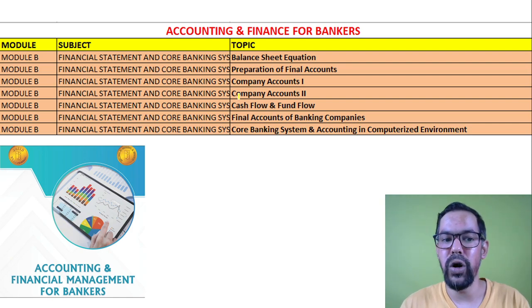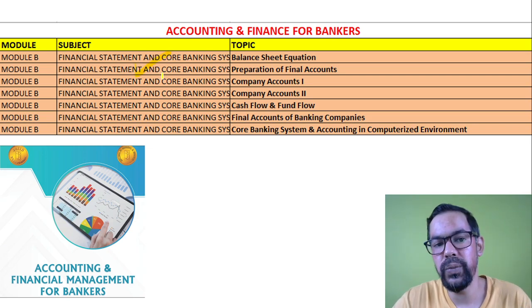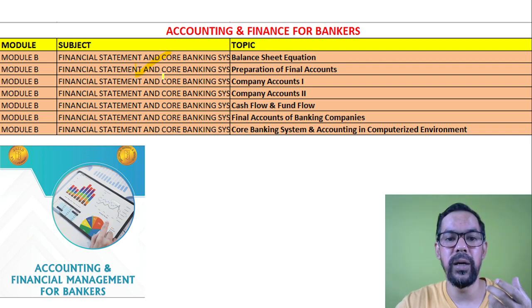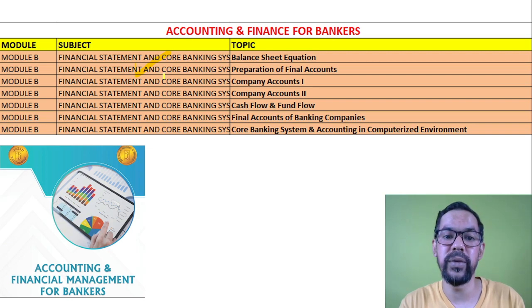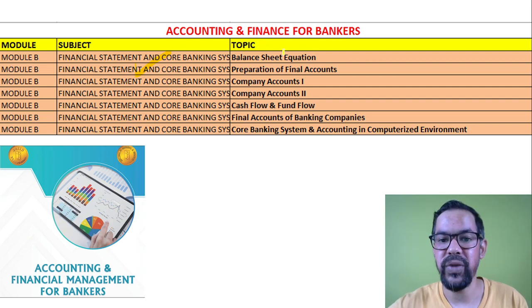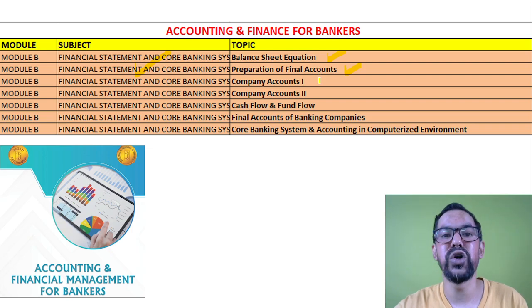Module B is financial statement and core banking. It is related to your financial statements, where you will have the balance sheet, and you will use the different terminologies which you learn in module A. Here we have balance sheet equations, assets and liabilities, and preparation of final accounts.